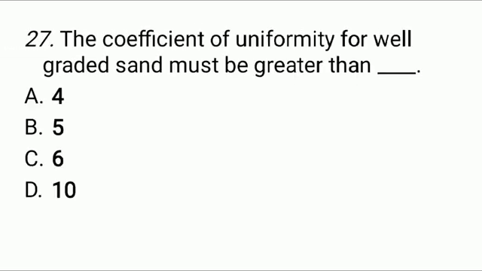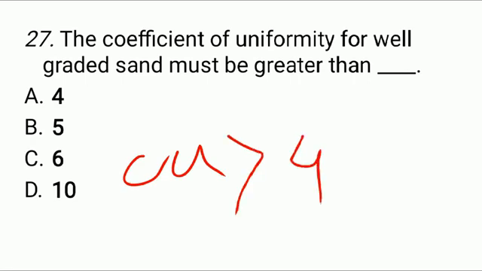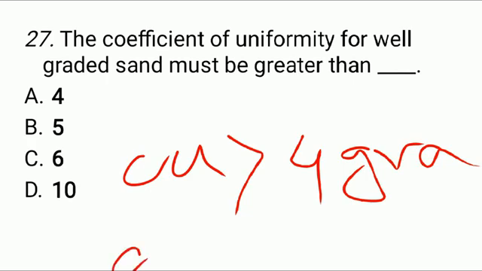Next question. The coefficient of uniformity for well graded sand must be greater than. The coefficient of uniformity for well graded soil should be Cu greater than 4 for gravels, and Cu greater than 6 for sand.